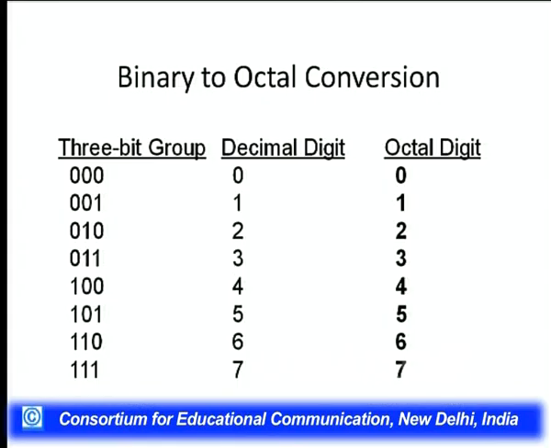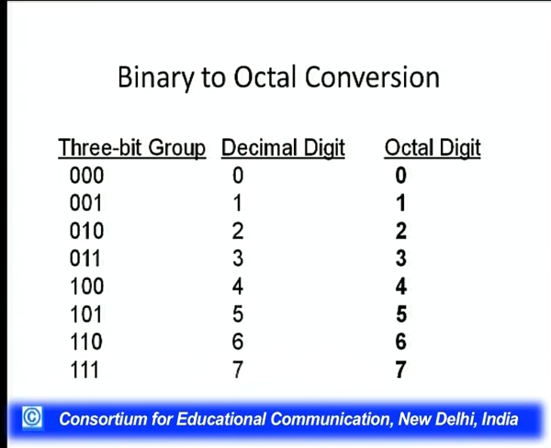The basic representation will remain the same as we had seen, and we are just going to do a conversion by grouping the number in groups of 3 in the case of binary to octal conversion. You can see in this table you have 3 bit groups. 000 shows the decimal digit 0 and also the octal digit 0.